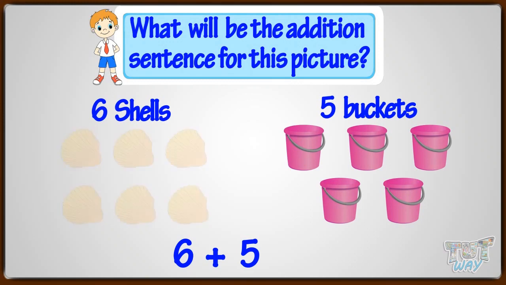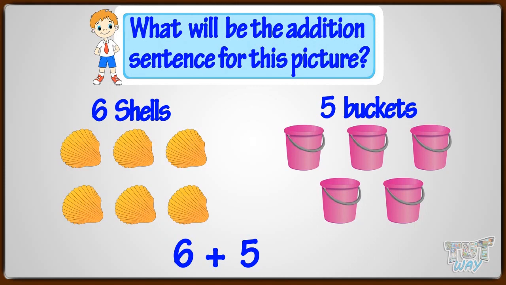You know shells are 6, so count from 7, the buckets. 7, 8, 9, 10, 11. So, total number of things are 11. So we get 6 plus 5 equals 11. And this is our addition sentence for the picture.